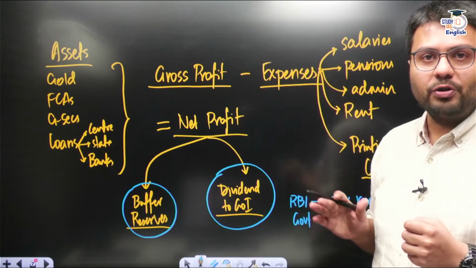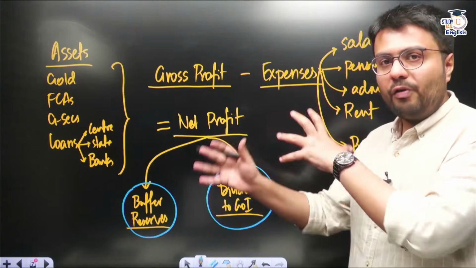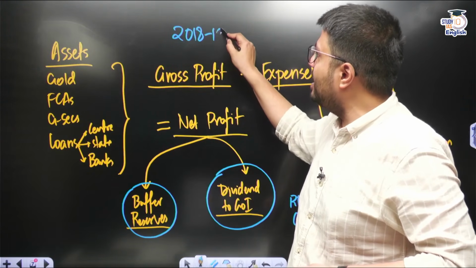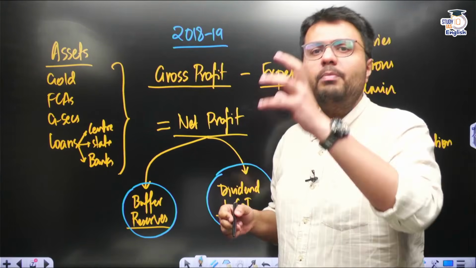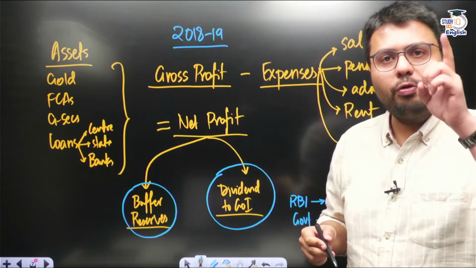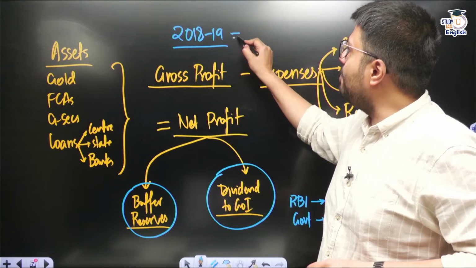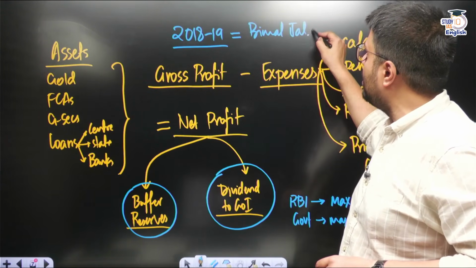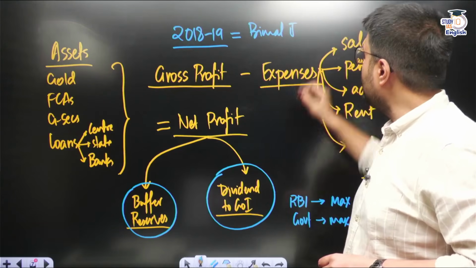Now, this conflict actually came to fruition in the years 2018-19, and it led to a very notable tussle between the government and RBI. So to solve this problem, the RBI constituted a committee under the chairmanship of its former governor, Mr. Bimal Jalan.